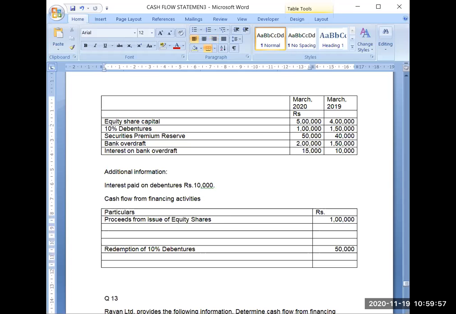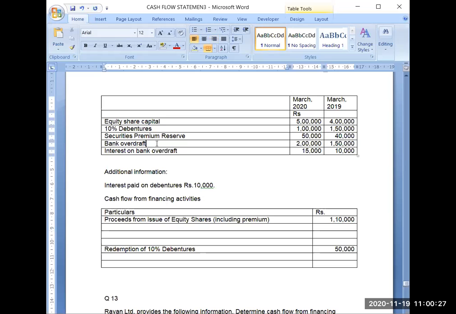So we can add that premium here itself, including premium. That premium is 10,000, so the total amount will become 1,10,000.